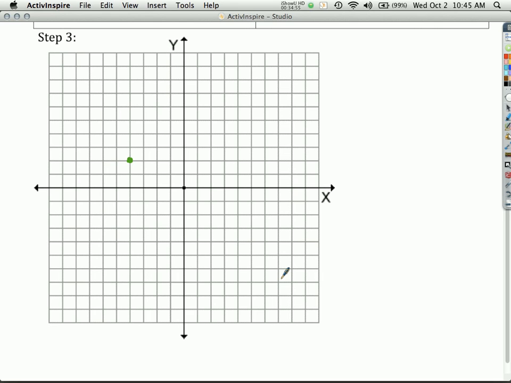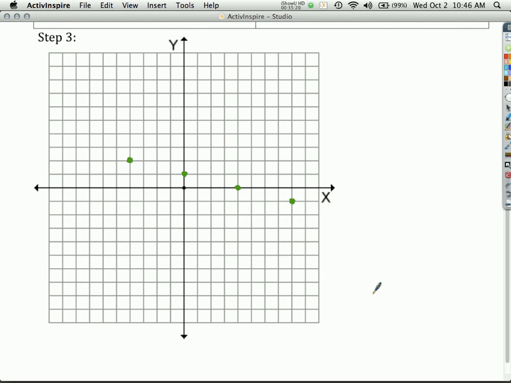Then we have (0, 1), (4, 0), and (8, -1).